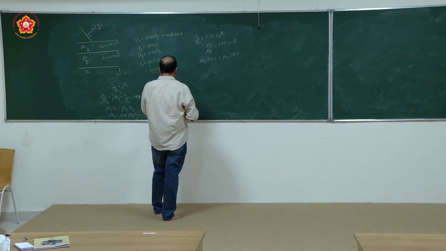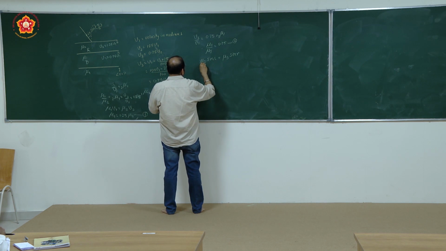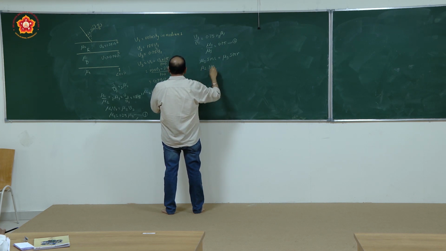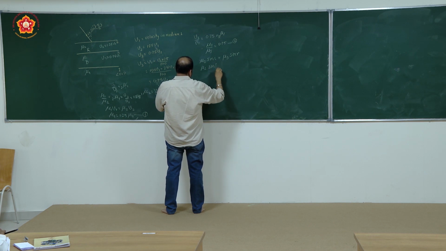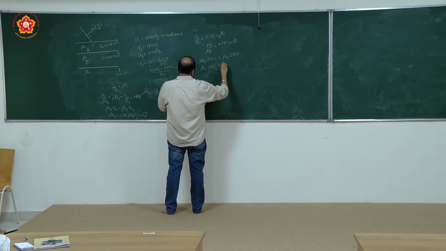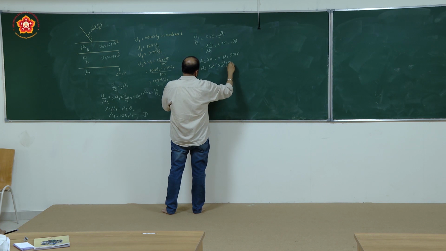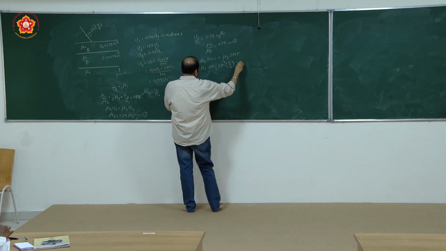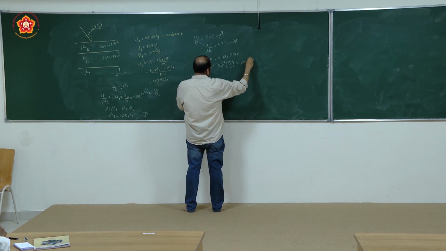So refractive index of second and third relation is not known, so I will put it down here mu2 into sine of, you are having here sine inverse of 5 by 6 is equal to mu3 into sine of r.